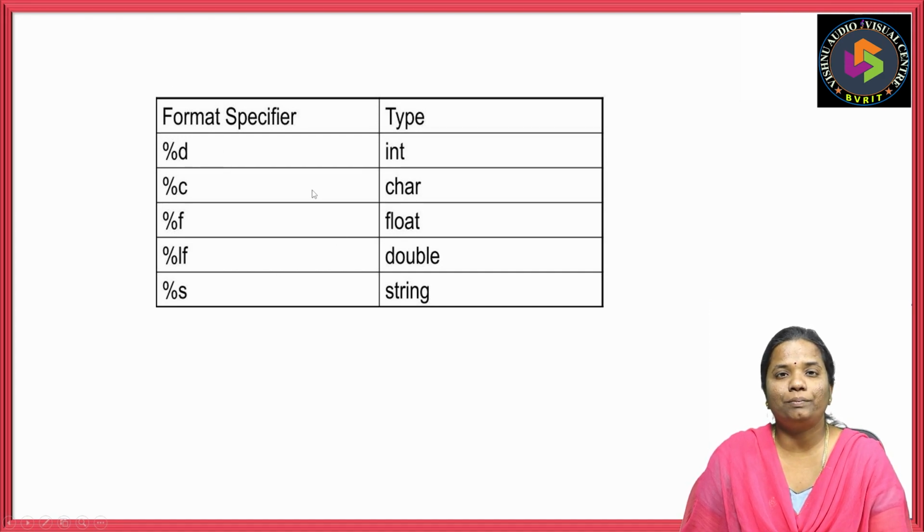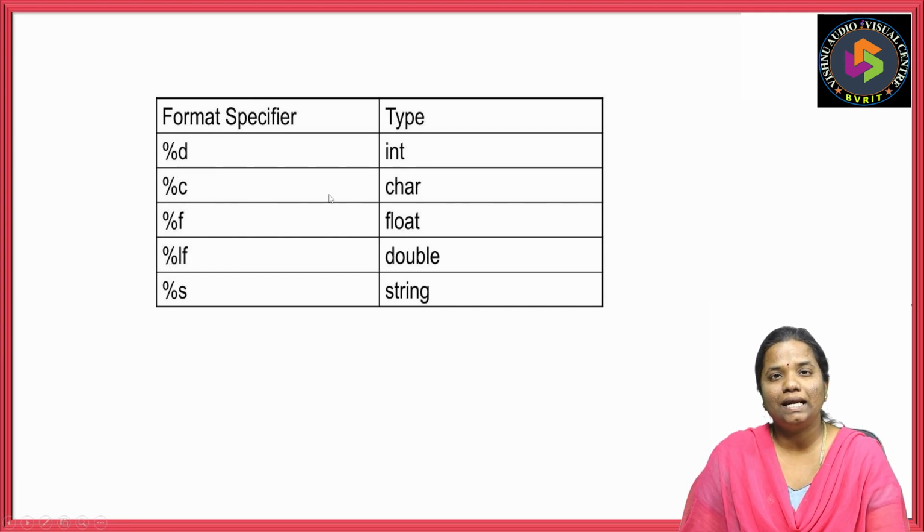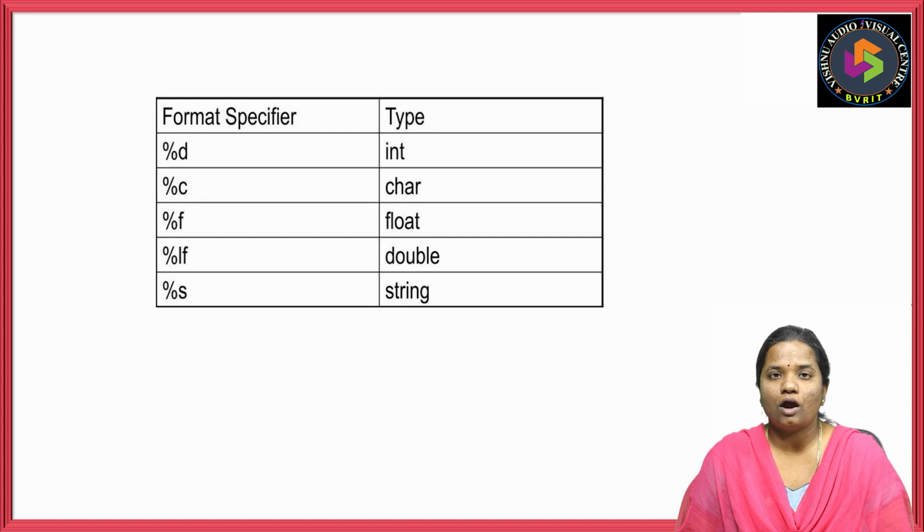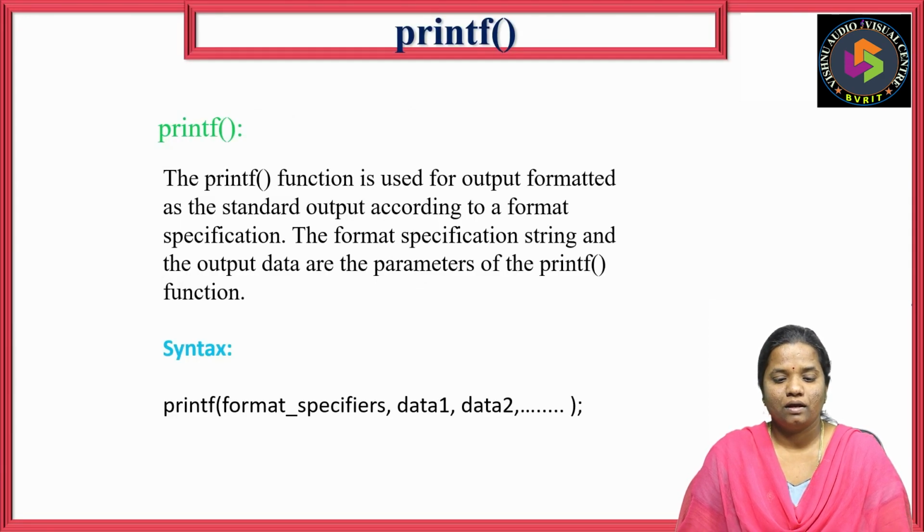These format specifiers are important to specify in the scanf function while you are taking any type of data as input to your program. And to print or display the output on the screen also, we have to specify the format specifiers along with our variable name in the printf function.